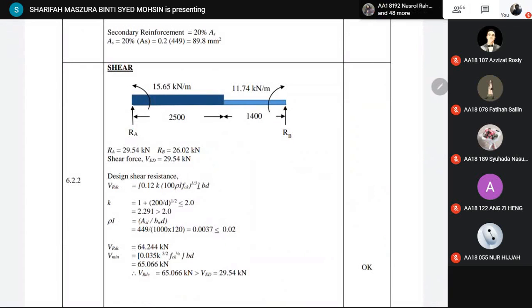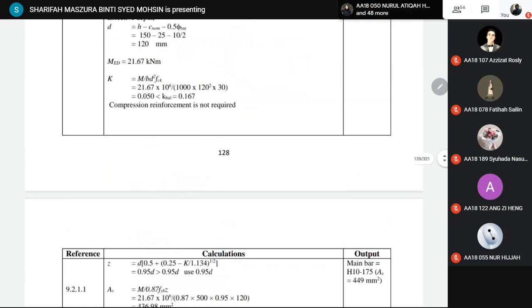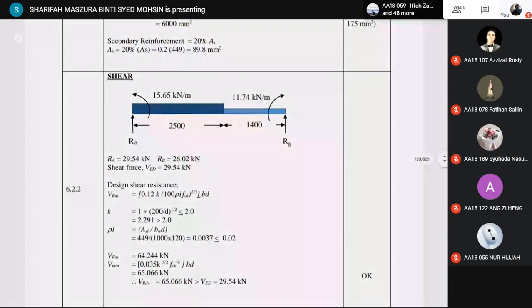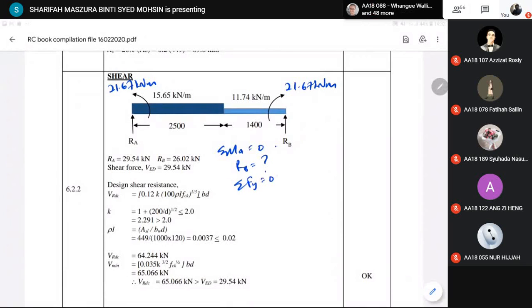So we have moment 21.67 kilonewton meter on both ends. Summation of moment at A equal to 0, then you get RB. Sum of Fy equal to 0, then you get RA.